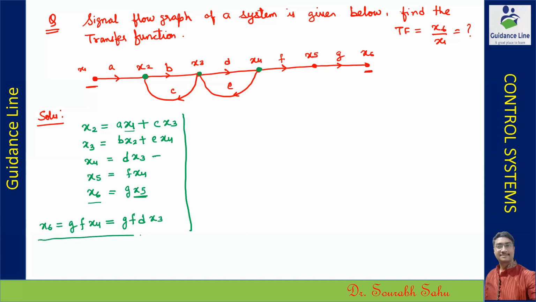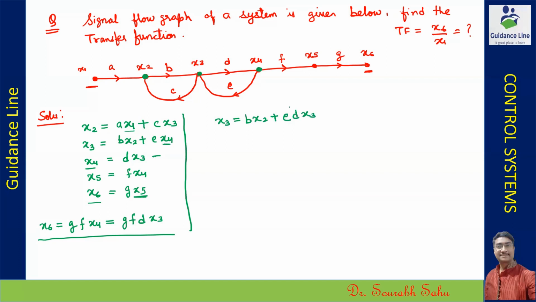If I want to simplify things, I can write x4 in terms of x3 and then try to minimize. So I substitute the value of x4 into the equation for x3, x3 equals b x2 plus e, and in place of x4 I am simply writing d times x3.